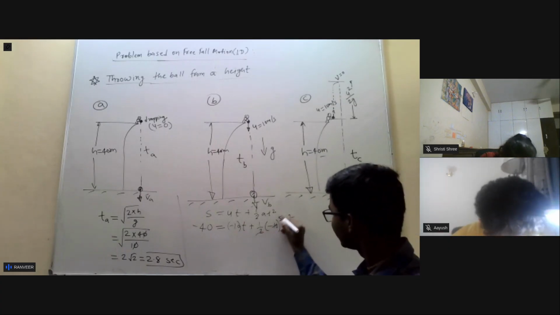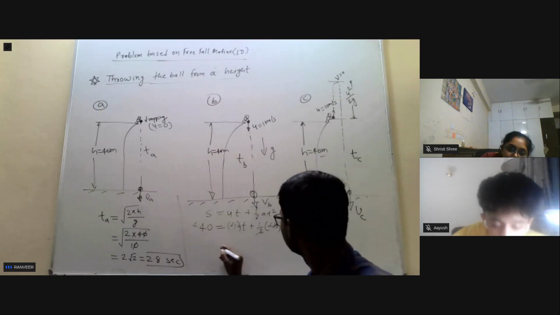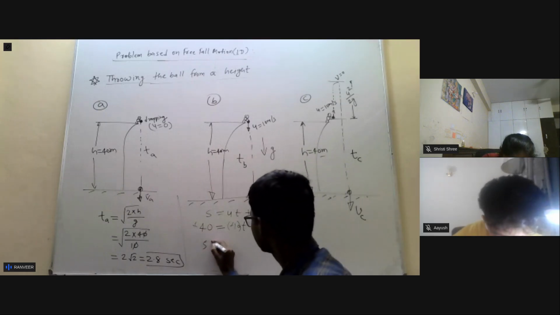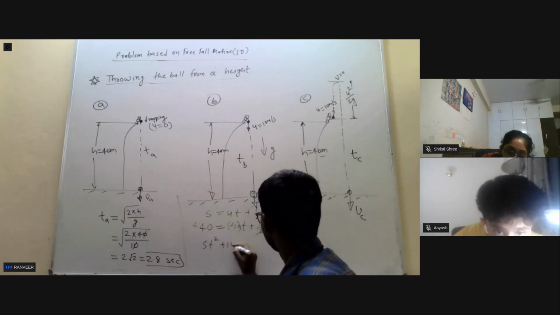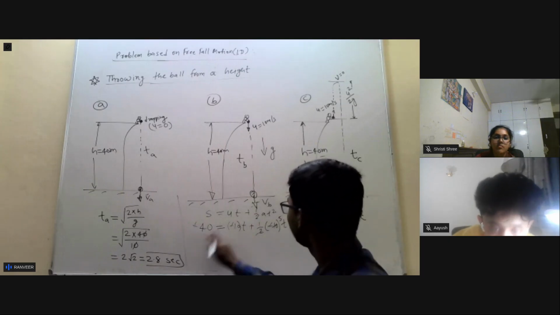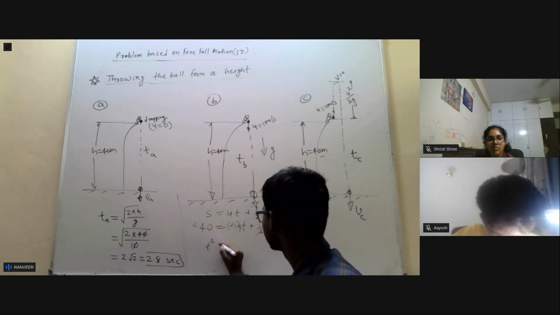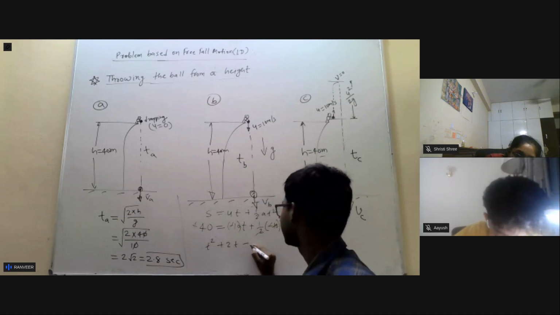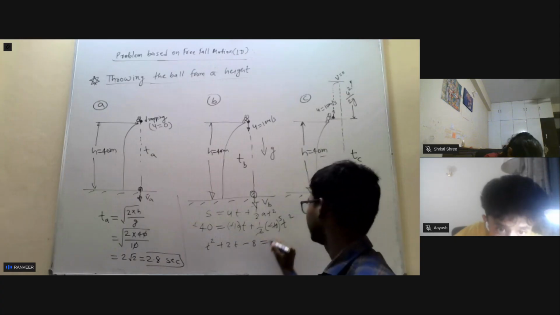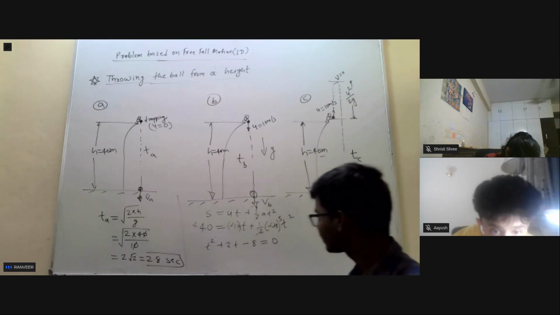So it's 5, all minus will get cancelled, correct? All downward become positive. So it will become 5t square plus 10t. You can cancel 5 also. It will become t square plus 2t minus 8 equal to 0, correct? What is t from here?